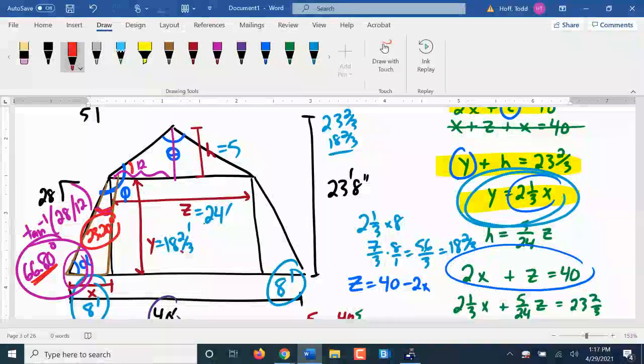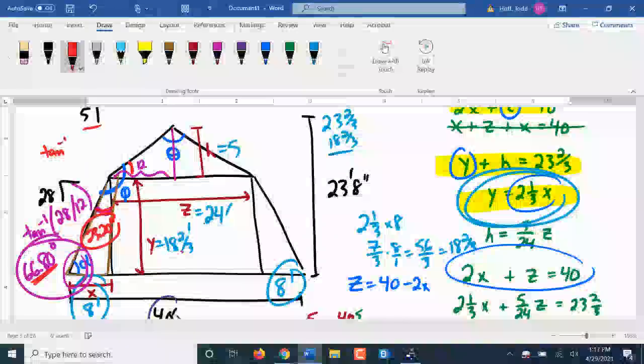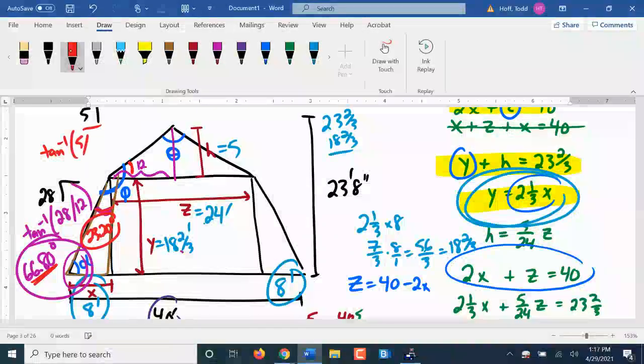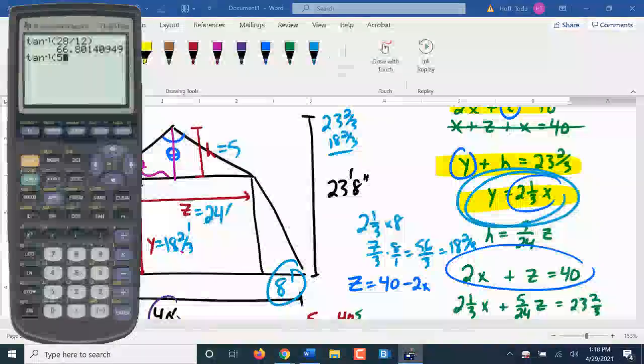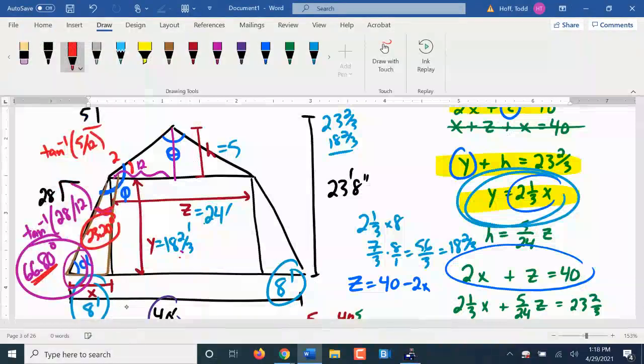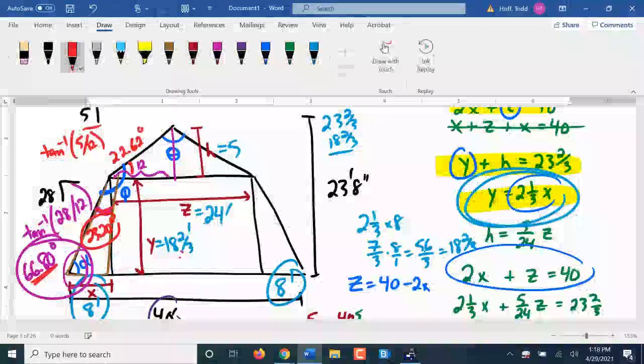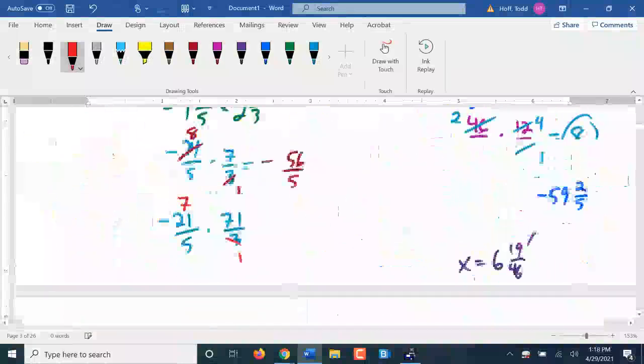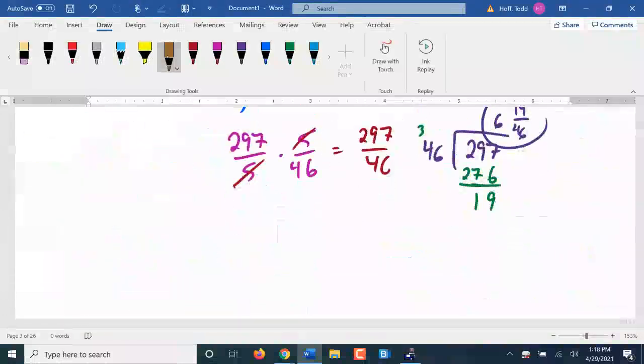This angle here is the heel angle of the 5/12. We know that that's the inverse tangent of 5/12. We already know it's 22.62, but I'll do it again here. 22.62. So that means our angle phi there is 22.62 degrees.